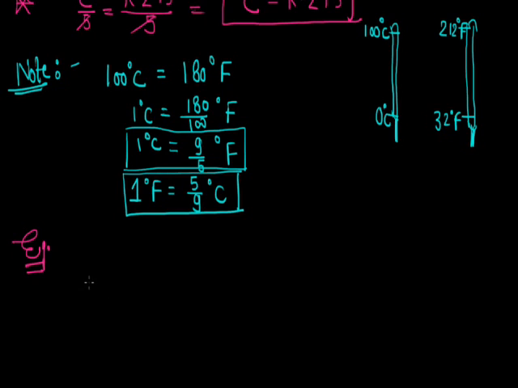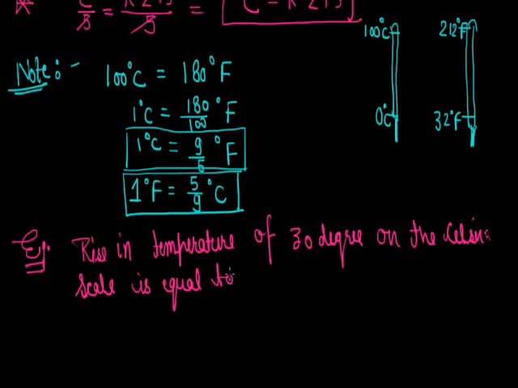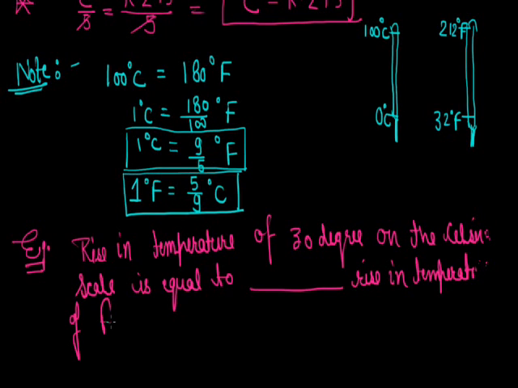Suppose the question is: the rise in temperature of 30 degree on the Celsius scale is equal to, fill in the blank, rise in temperature on the Fahrenheit scale.